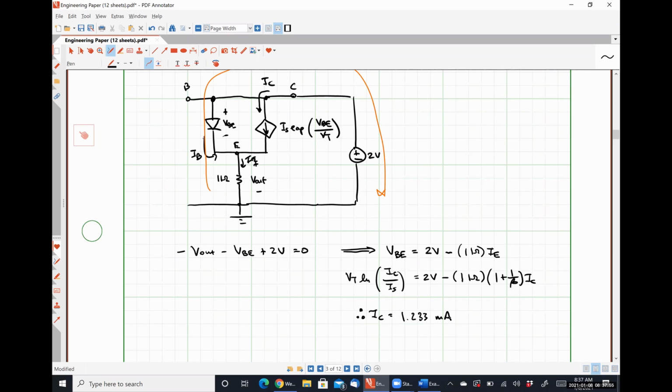All right. So from this, VBE, which is VT natural log IC over IS, I believe we get 0.742 volts.